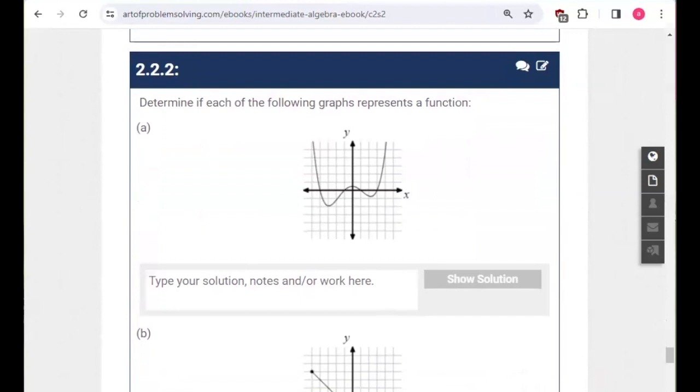2.22a. Determine if each of the following graphs represents a function. Does it? How do you know if something you determine is a function?